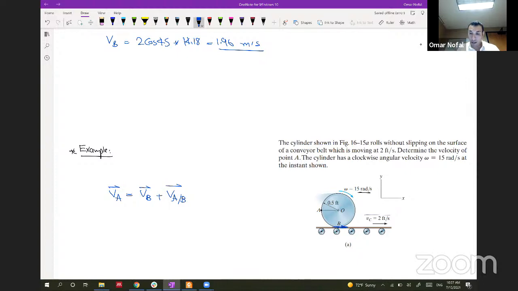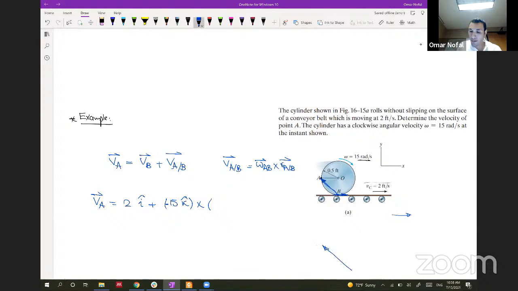And the VAB is omega multiplied by RA with respect to B. So we need to get this RA with respect to B. So the VA vector will be equal to the VB vector, and we know VB is moving in the X direction, so it will be 2 as a magnitude in the I hat direction, plus VAB, which is equal to omega AB crossed by RA with respect to B. Omega AB is moving this way, so it's 15 radian in the negative K hat direction, so it will be negative 15 in the K hat direction, cross product with RA with respect to B. So this is how it looks.